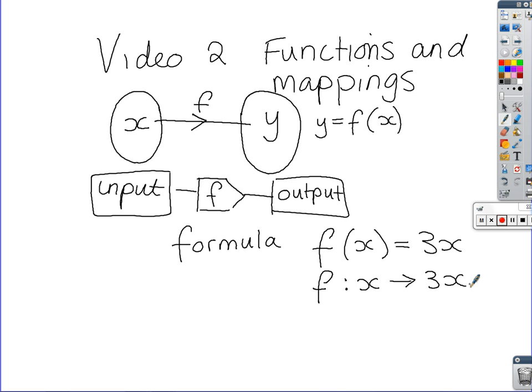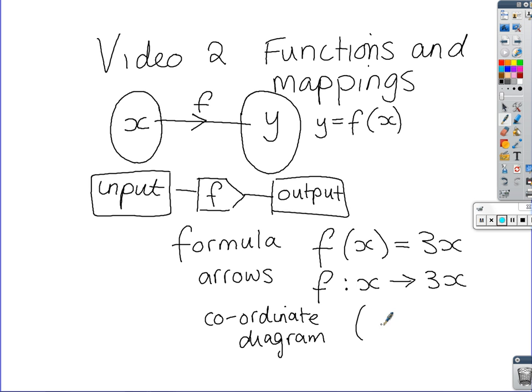There's another way we can do this on a coordinate diagram. Formula, arrows, and coordinates. So that means drawing a graph. On the next page we'll draw the graph. So instead of having f of x equals 3x, we could say this is a straight line graph of y equals 3x.